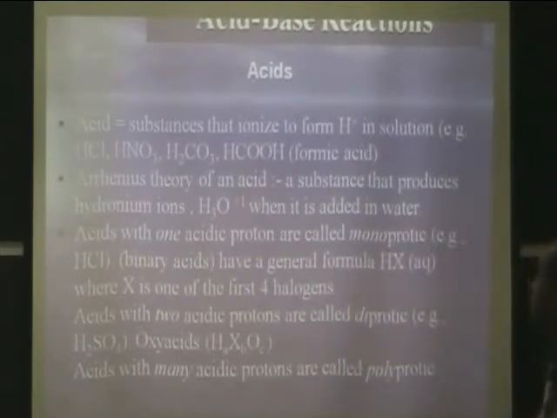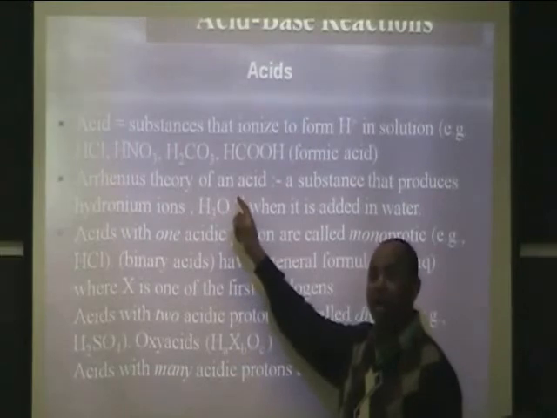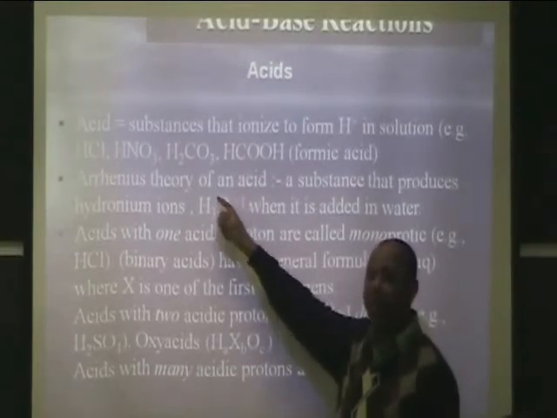Sometimes it's called the Arrhenius theory of an acid: a substance that produces hydronium ions when it is added in water. Meaning, the water molecule is a non-polar H2O, right? When an acid dissolves in water, it adds another hydrogen ion, so instead of H2O, because one hydrogen ion is added, it becomes H3O plus.